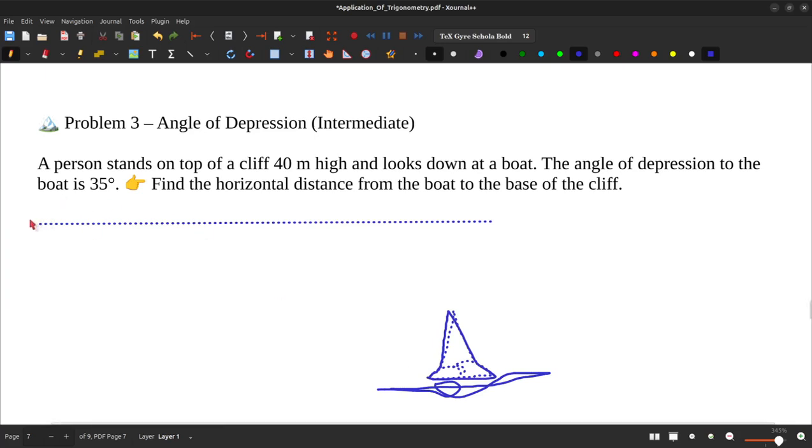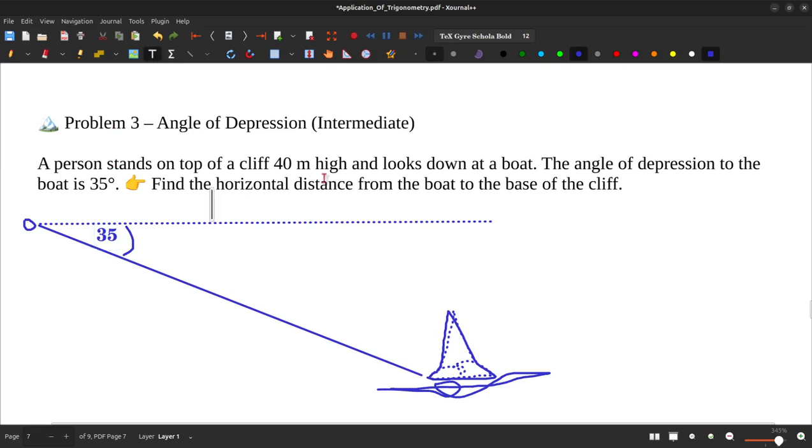Now we have a person who is standing here and looking at the boat down there. The angle of depression, which is the angle of looking down, is 35 degrees here.